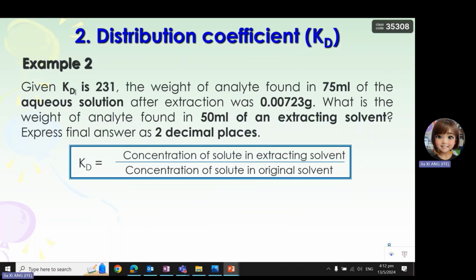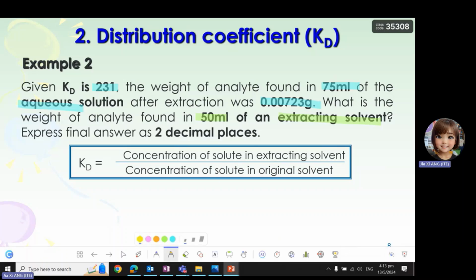Now in example 2, you are given Kd as 231. The weight of analyte found in 75 ml of aqueous solution after extraction was 0.0723. And then the question also says, find the weight of analyte in 50 ml of extracting solvent. All right.